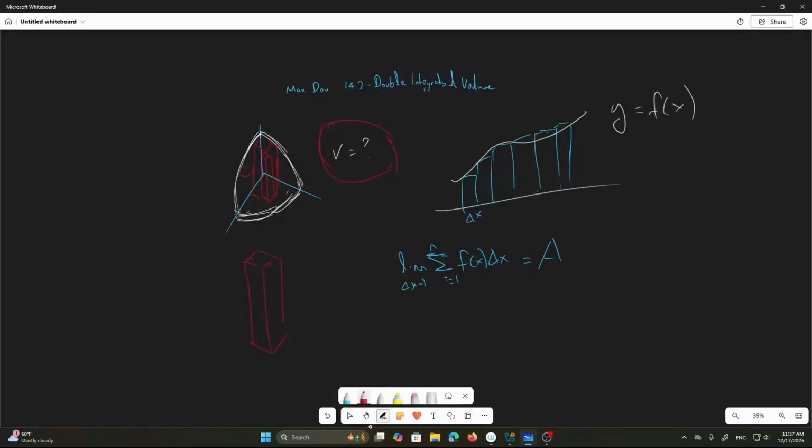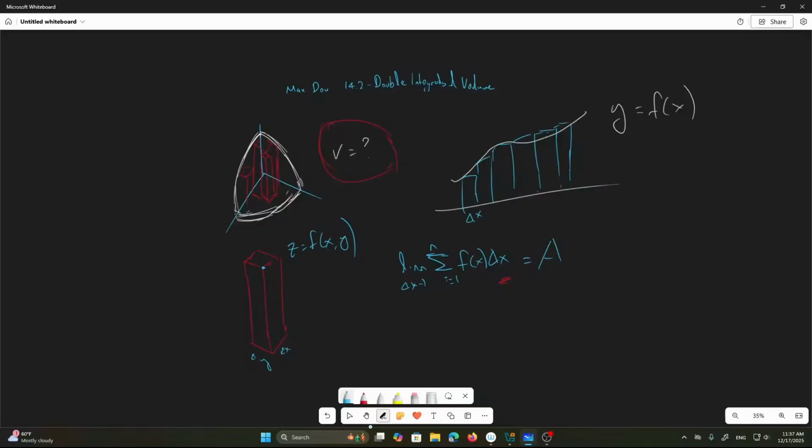And so how does this work? Well, instead of simply delta x like in single variable, we have two components: delta x and delta y. And the height of this is z equals f of x, y.